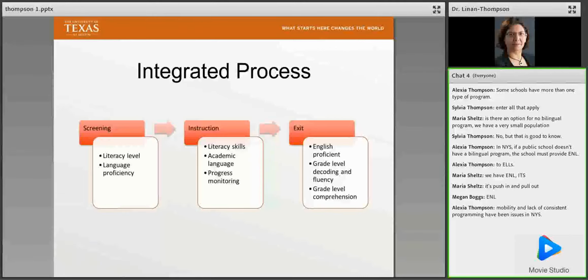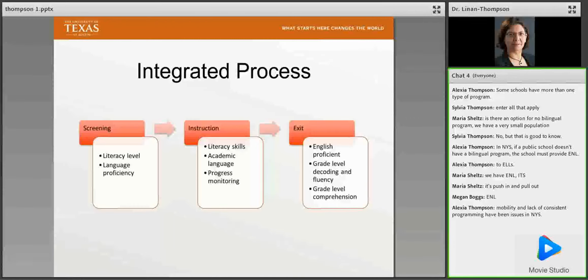Even if kids meet that fluency benchmark, we should make sure that we have English proficiency benchmarks as well, other than just exiting the program, or in addition to, I guess, so that they come close together.